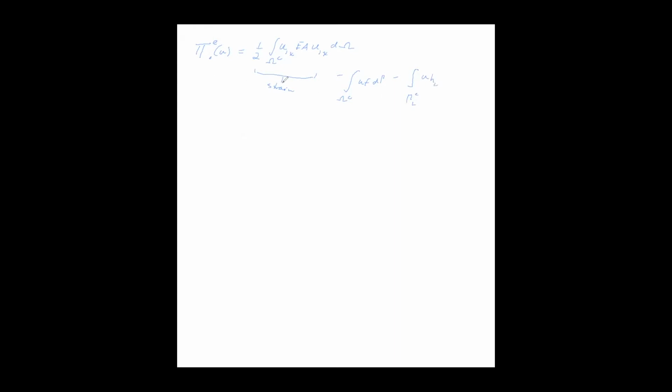Then we have some additional terms that come from the displacement constraint. Let me denote these by pi d u lambda. What I've given you so far is the following, where we enforce the constraint through a Lagrange multiplier.